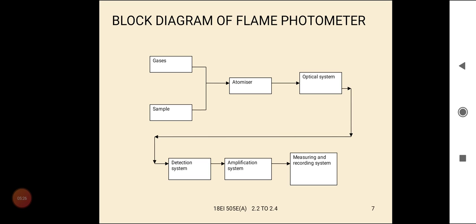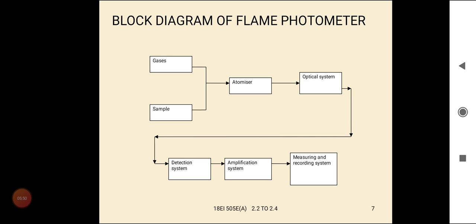The higher energy level is an unstable state. It will fall down to lower energy level by releasing the electromagnetic energy. So this electromagnetic energy is measured by using an optical system.